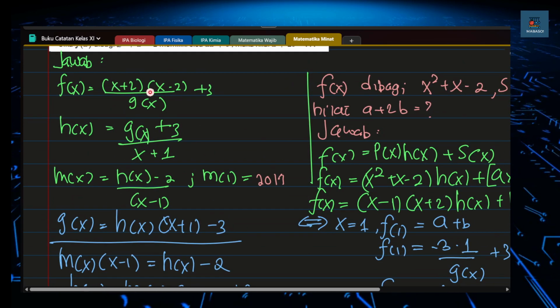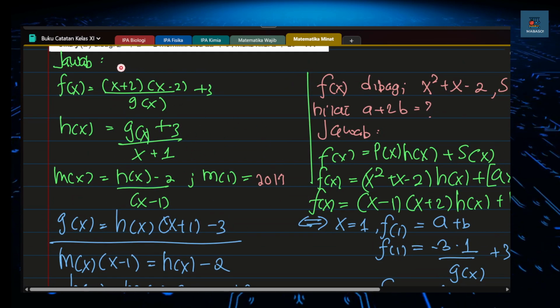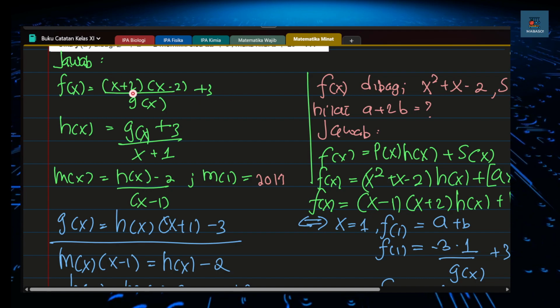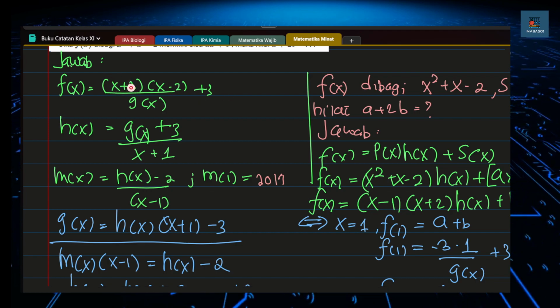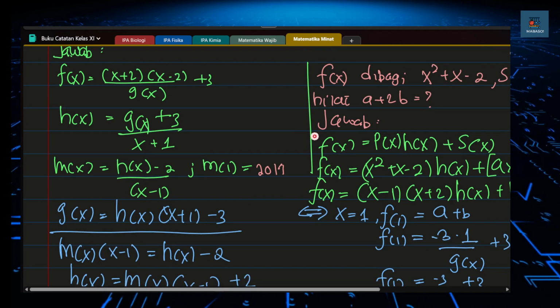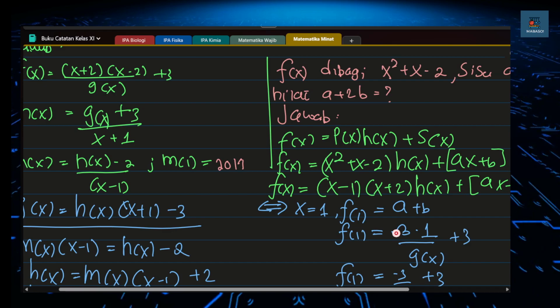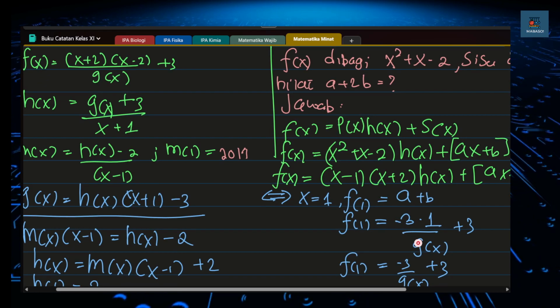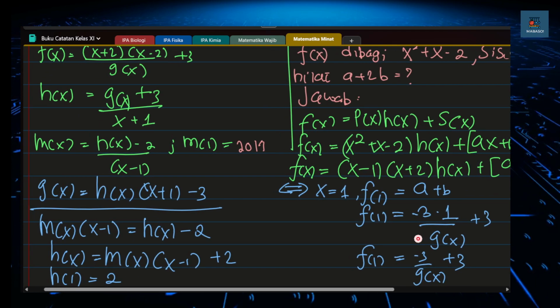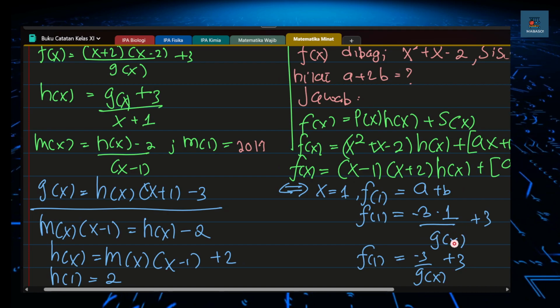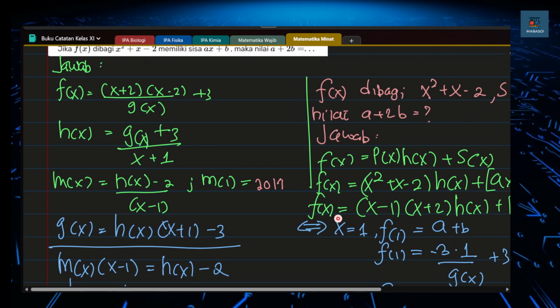Therefore, I could insert the value x equal to 1 into this equation. So 1 plus 2 is 3, 1 minus 2 is minus 1, so the upper term would be minus 3, plus 1. And we have to find the value of g of 1, because we have to change the g of x into g of 1.